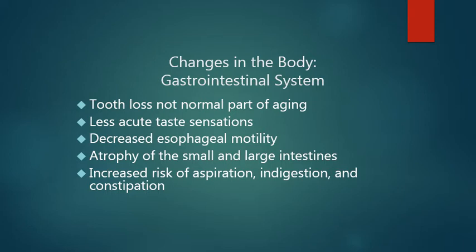Decreased esophageal motility. They get things hung as they try to eat. They have atrophy of the small and large intestines on a normal basis. This is not abnormal. This is a normal change. So their bowel functions will change, and this will be very difficult for them to discuss at times because of, again, their culture with being comfortable with talking about these types of issues.